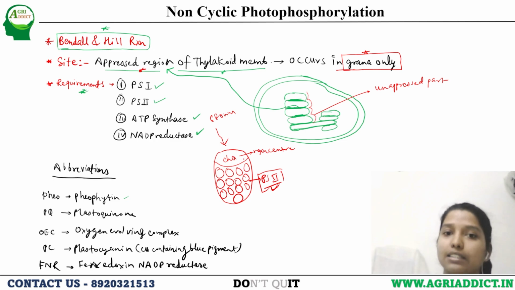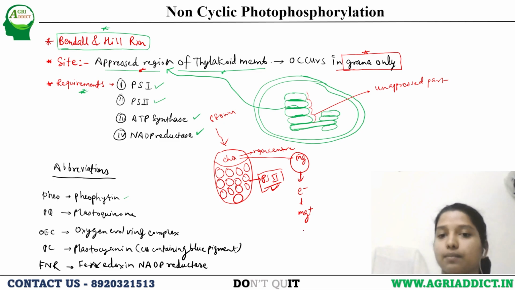As we know, this chlorophyll has magnesium at the center. So what will happen when energy falls on it? This magnesium will release an electron and will become magnesium plus.